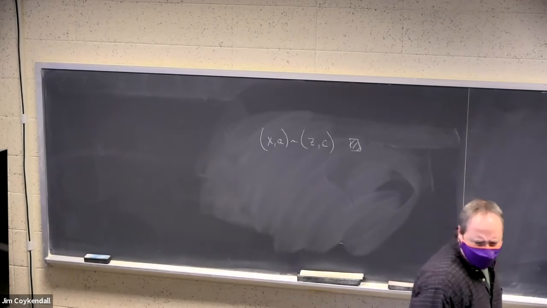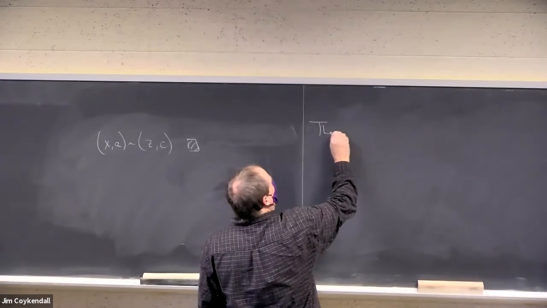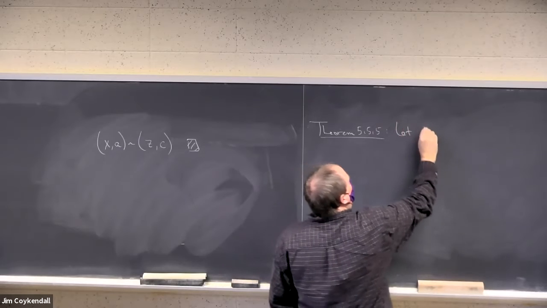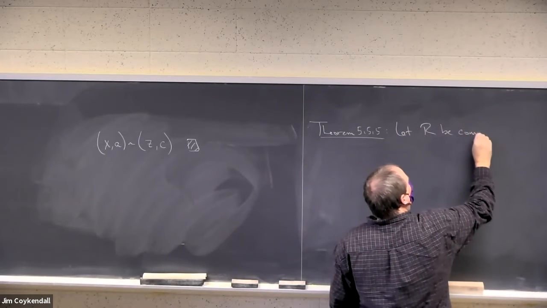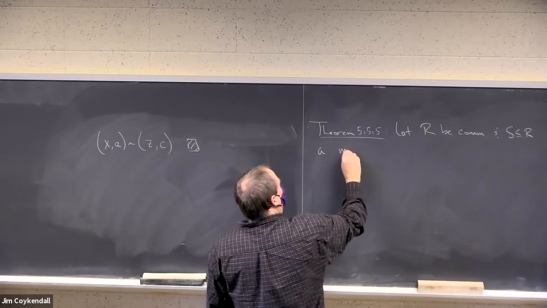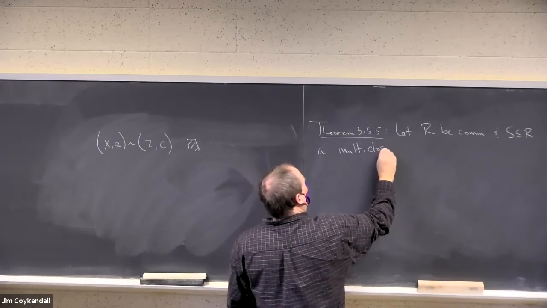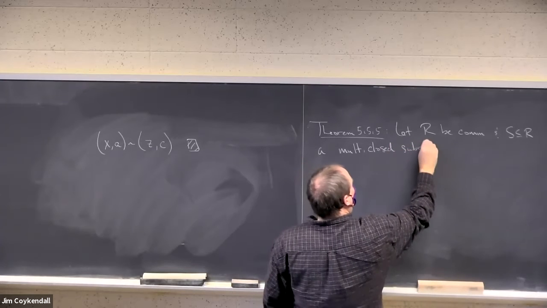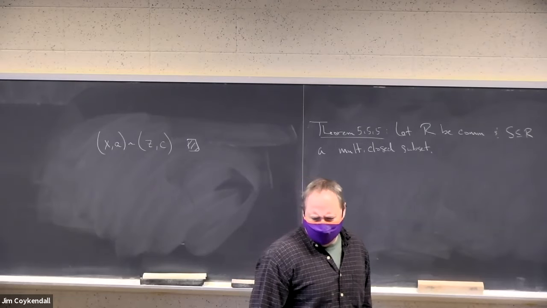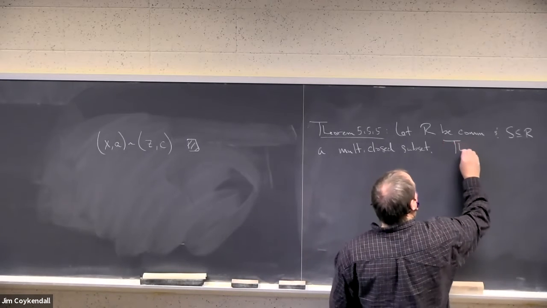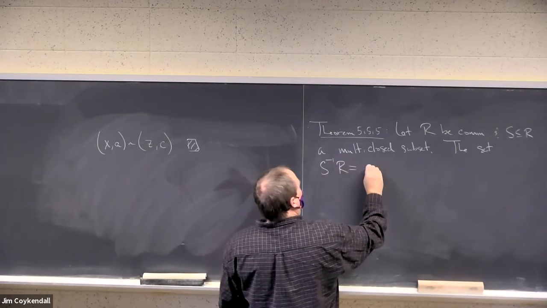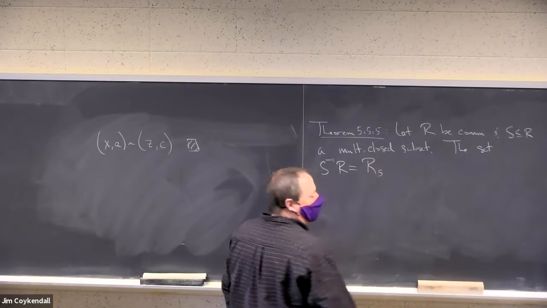Theorem. Let R be commutative and S in R a multiplicatively closed set. The set, the localization, or inverse, R, and sometimes it's written R_S.